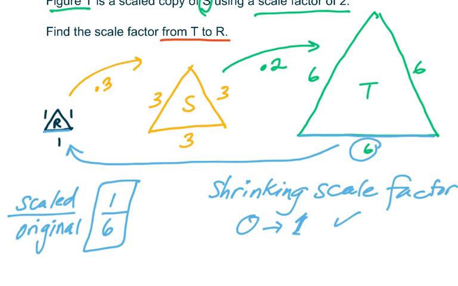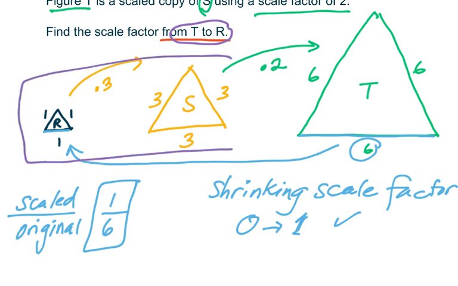If you had the wrong answer of 3, I'm wondering if maybe you misread the problem and you didn't realize you were working with T to R, and maybe you thought you were looking at R to S. So that might be something that caused you to use the wrong numbers, and then to also perhaps forget that you should put the scaled over the original.